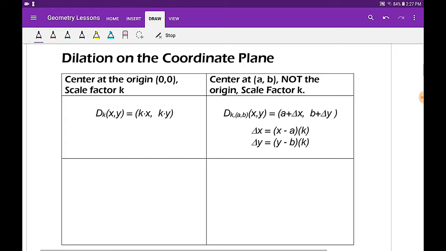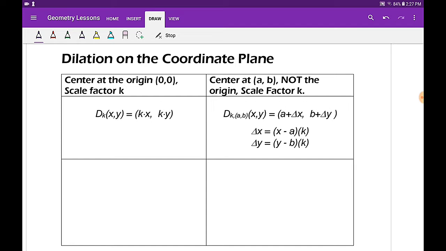Moving on. Dilation on the coordinate plane. Now there are two types. One type is the dilation with the center at the origin, (0, 0), with scale factor k. Pay attention to this, because if we're doing this face to face and you're still confused about the dilation from the origin, you know how my eyes will look.